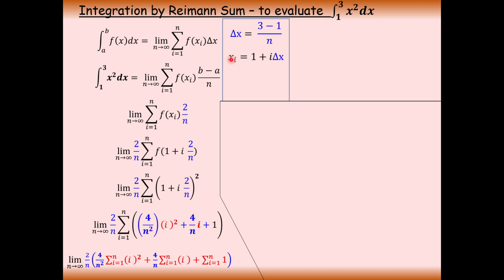Then we need to have written our xi's as 1 plus i times delta x, because the lower limit of the integral is 1, and that's why we are having that fraction inside the f. f is here just x squared, that's why you're seeing the square function here. Sorry about the wrong order of this PowerPoint.